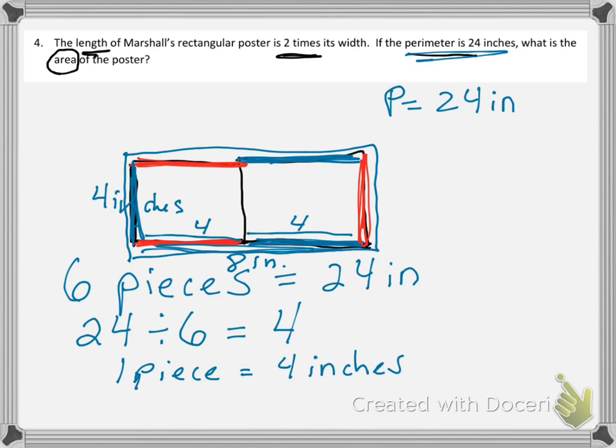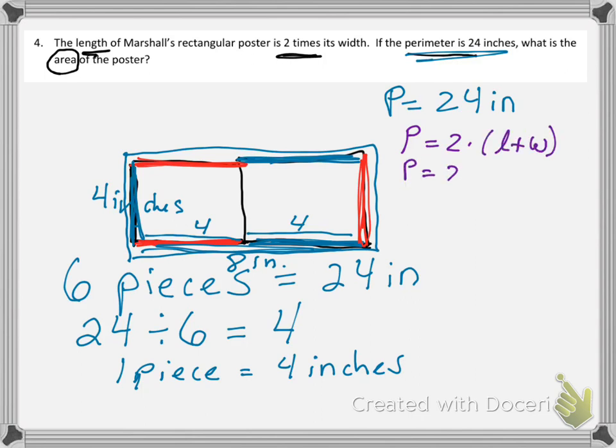So if I wanted to see if that really made sense to me, I would want to go back and see how we got 24 inches, now that we have these numbers of 4 inches and 8 inches. So let's check if this is all making sense, because we really have to check to see if our drawing and our solving makes sense to us. So our perimeter is equal to 2 times the length plus the width.